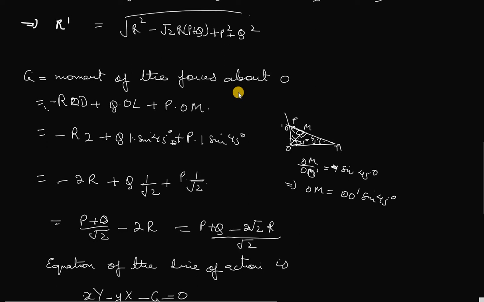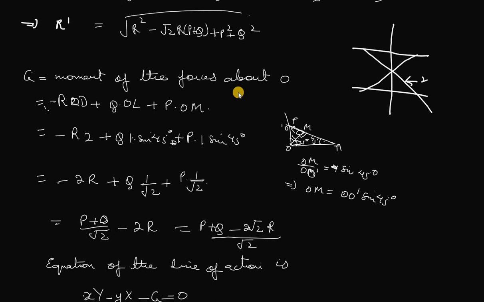So let me just draw it briefly. This is x plus y is equal to 1, and this is the line y minus x equal to 1, and this is the line y is equal to 2.